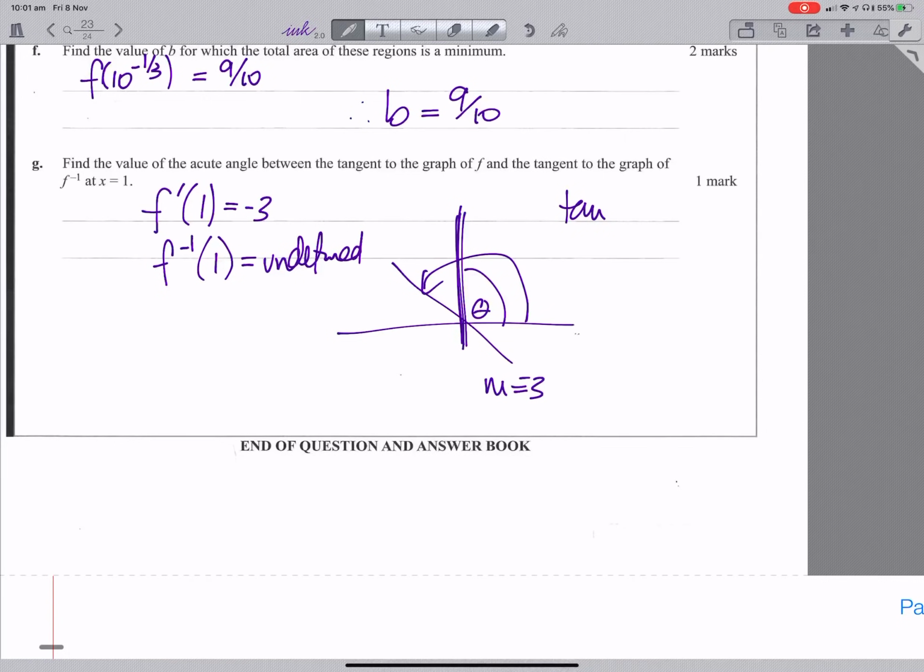That angle there, we know that tan, we'll call that alpha. Tan alpha is equal to -3. So alpha is equal to tan inverse of -3. So the area between them, and that's pi on 2, theta is equal to tan inverse of -3 minus pi on 2.